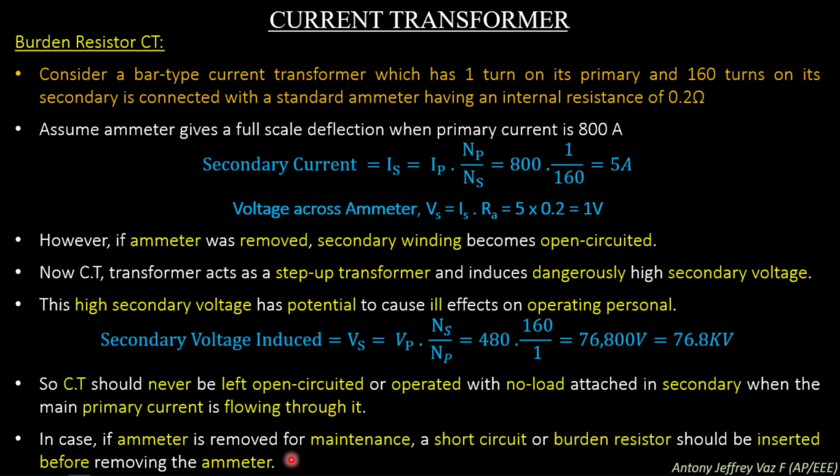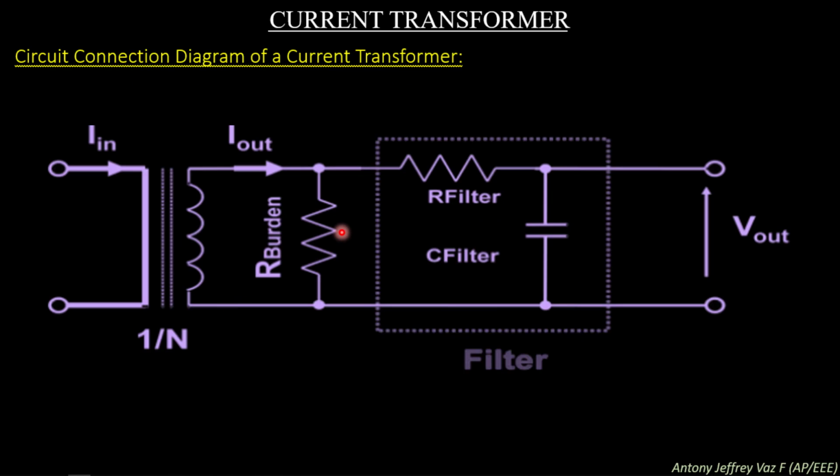Otherwise it will kill the person who is removing the ammeter of a current transformer which is in service, operating in a line of very high voltage. This is the circuit connection of a current transformer. You can see this portion is the current transformer and this is the primary line whose current is to be measured.